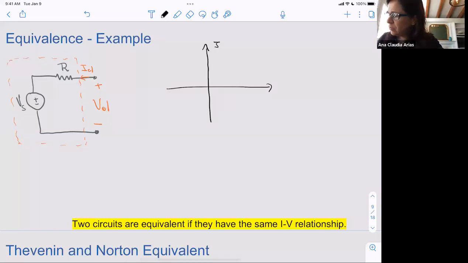But I want you to become more used to thinking. Let's see, a line with a slope 1 over R. That's a very good answer, because we know we have a resistor shifted to the right. Okay, let's do this. We are going to get there.